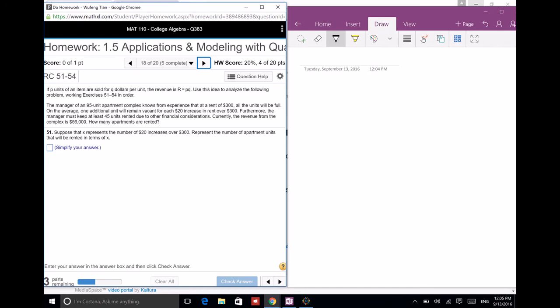Basically, the revenue is PQ. The manager has 95 units in total, and the price is $300 initially.